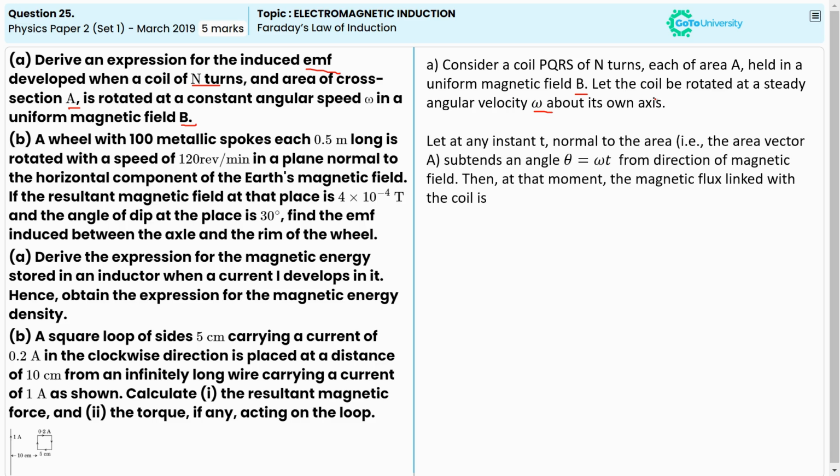Then let at instant t the normal to the area, that is the area vector A, subtend an angle theta equal to omega t from the direction of the magnetic field.